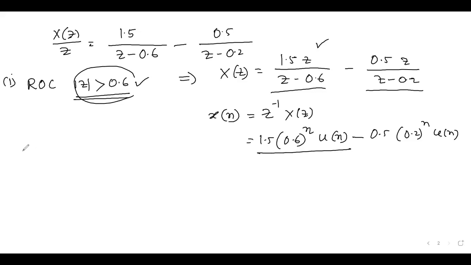We know the z transform of r to the power n u(n) equals z by z minus r for mod z greater than r.